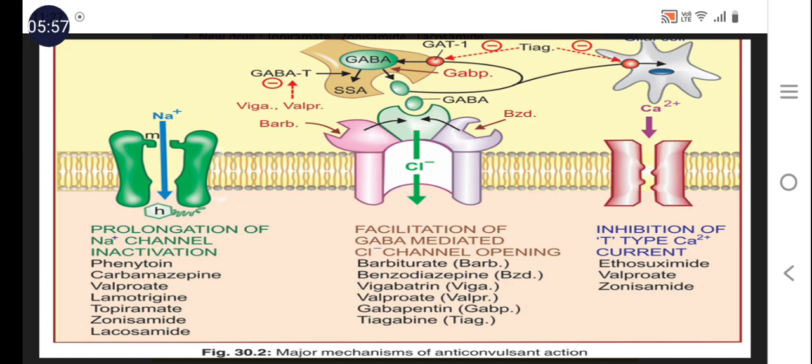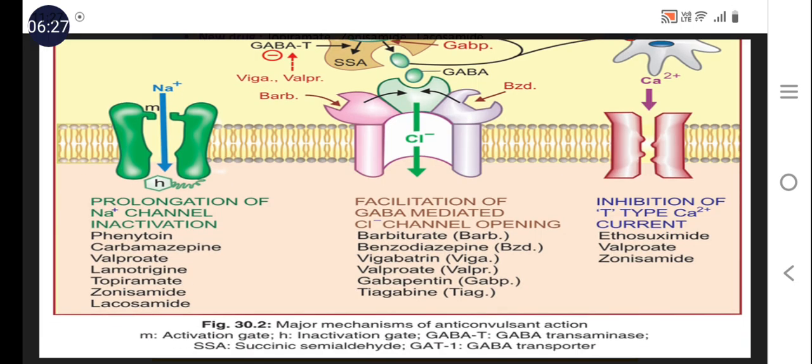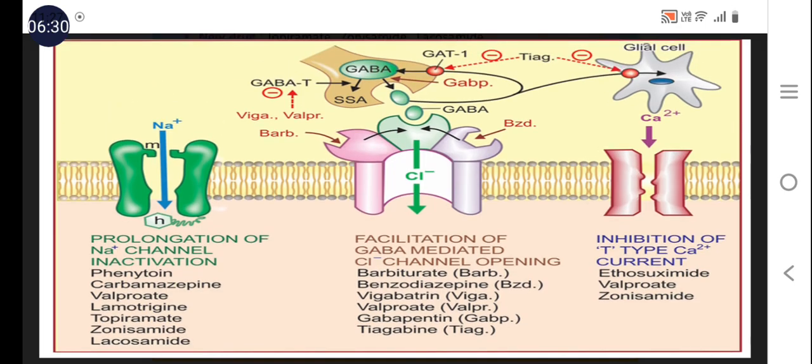In case of seizure, there is generation of repetitive action potential, and that needs to be minimized and controlled. That's why prolongation of sodium channel inactivation is necessary. It will suppress the entry of sodium, decrease the generation of action potential, and decrease the symptoms of epilepsy.